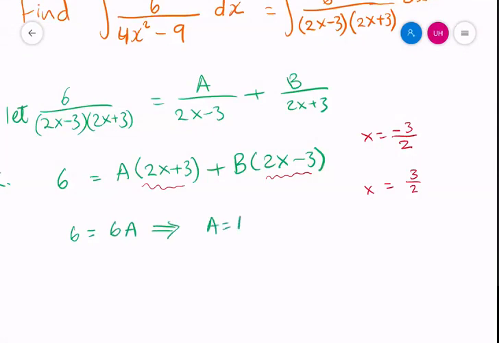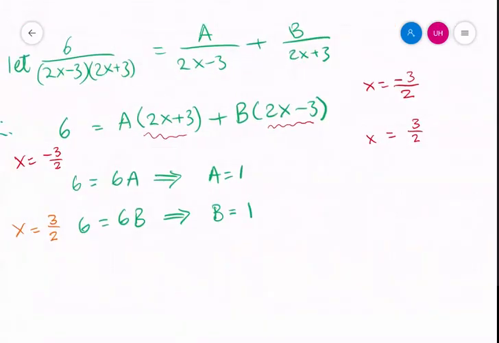And when x equals 3 over 2, we will get 6 equals 6b, and therefore b equals 1. So the values of a and b are both 1.